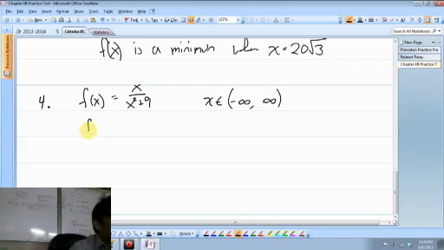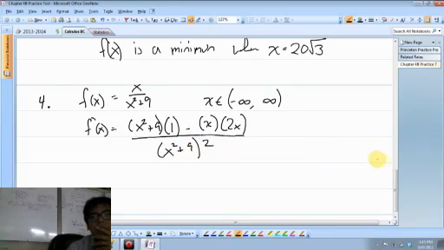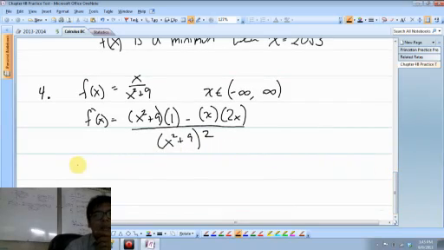Okay, f prime of x: low d high, minus high d low, over the denominator squared. So f prime of x, at x squared minus 2x squared.